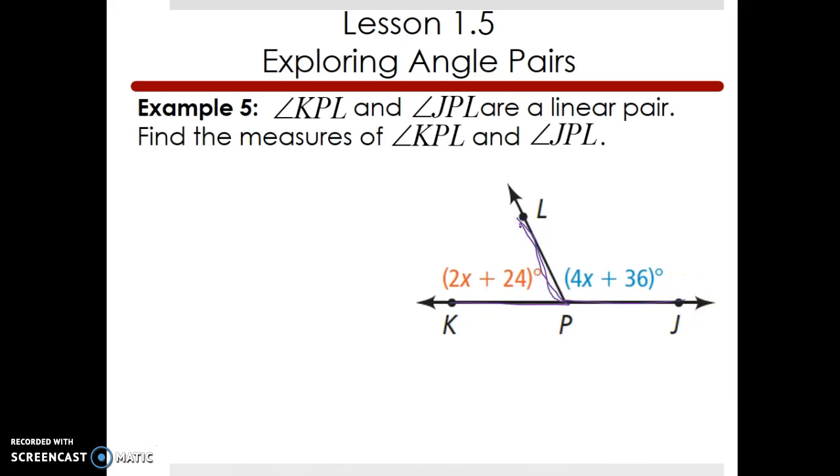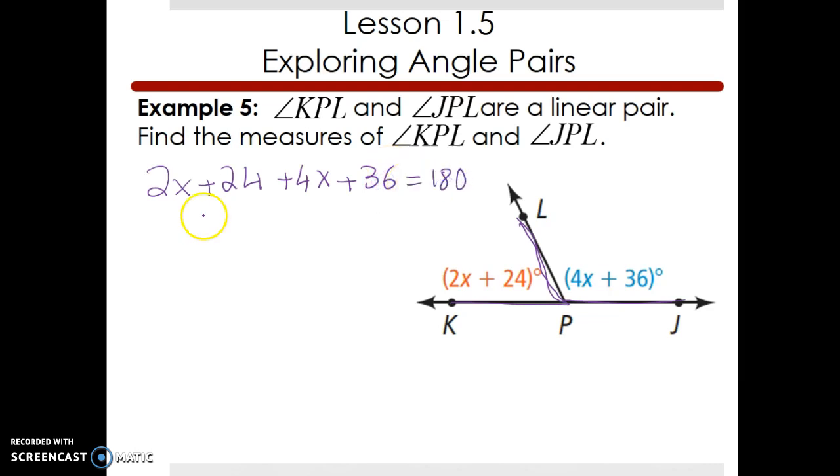Well, to do that, we need to first solve for x. The way we solve for x is we need to set it equal to 180, right? Because it equals 180. So 2x plus 24 plus 4x plus 36 equals 180.